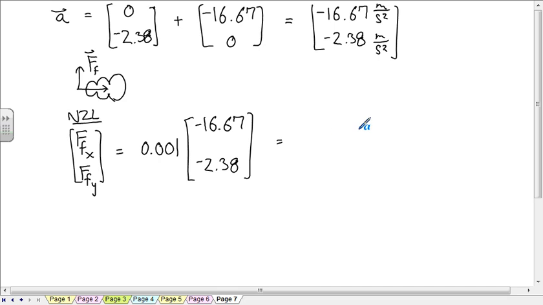And so for the force, you get negative 0.01667, sixes all the way after, and negative 0.00238.